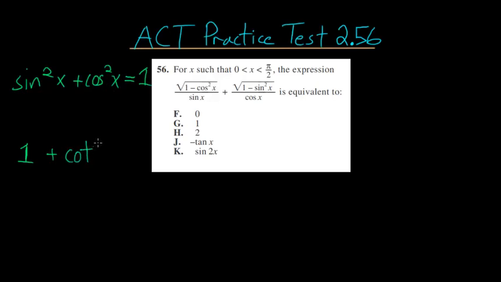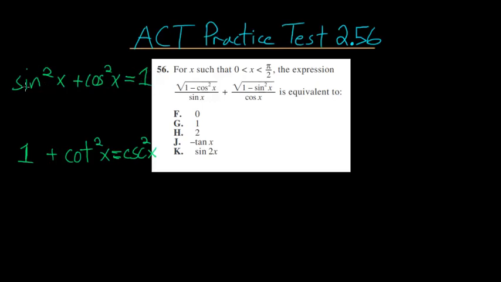So that would just be the cotangent squared of x, and then we'd have 1 divided by the sine squared of x, but 1 over the sine is just the cosecant. So this would just be the cosecant squared of x. And so this identity was derived by just dividing everything in this first one by the sine squared of x.